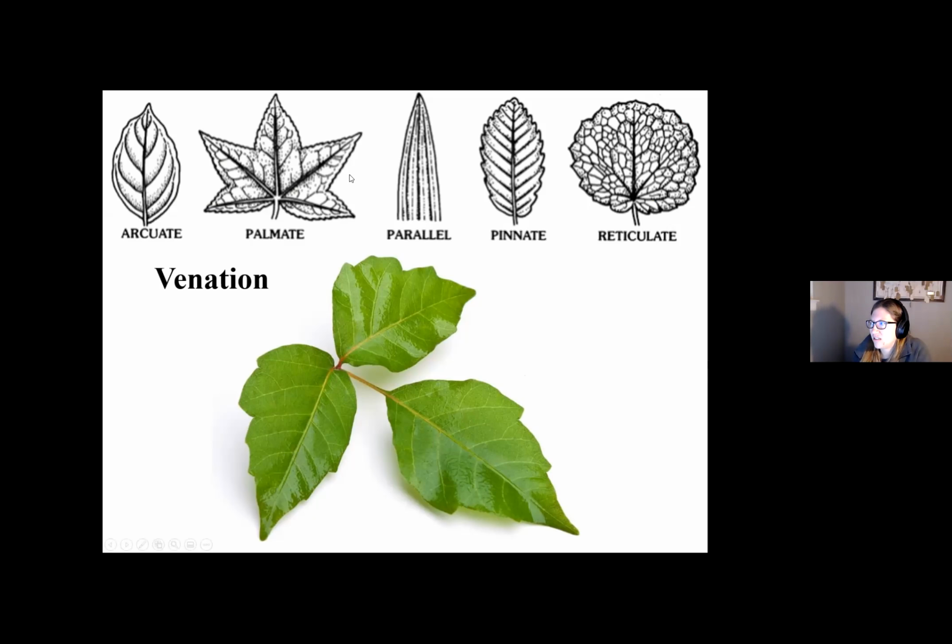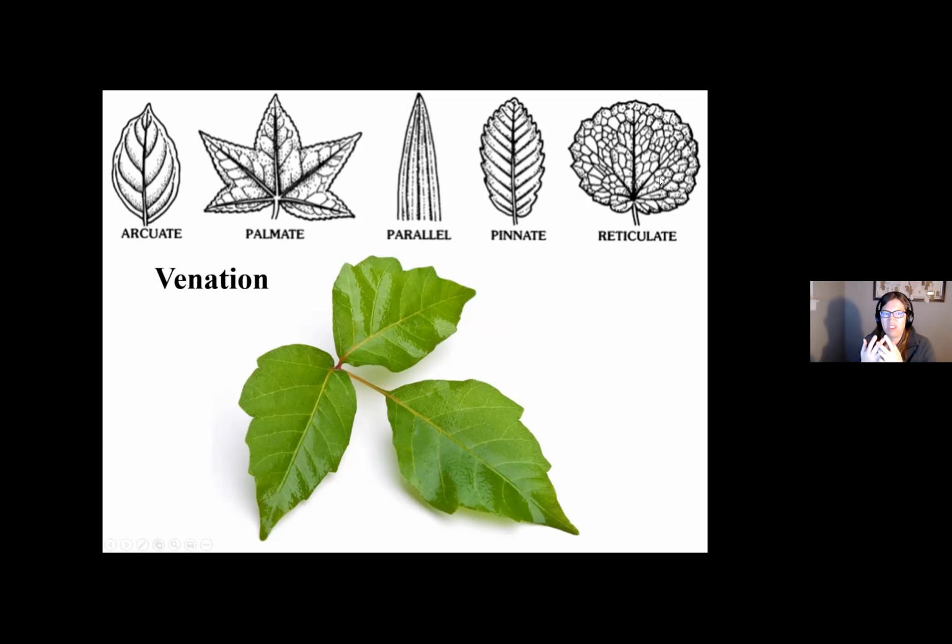Parallel veins are typically found only in monocots, which are your lilies and grasses, but not always. There are some asters that have parallel veins and they're dicots. So our rule of thumb in botany is you can never say always or never, because there are always exceptions. But these are the common venation structures that we get.